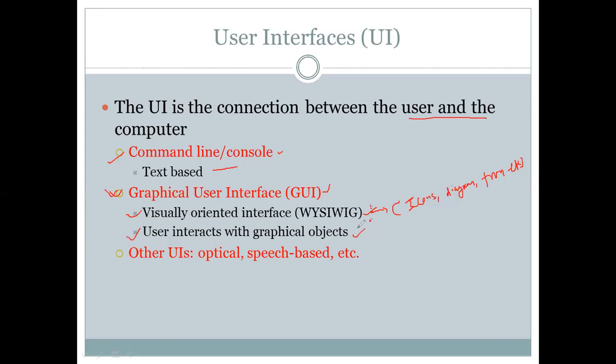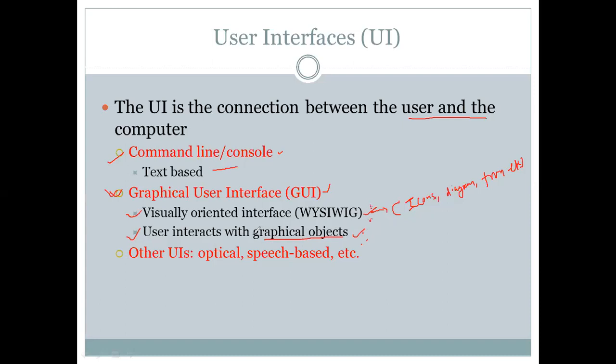Now, let us discuss the second type of GUI method, which is graphical interaction with graphical objects. This is kind of similar to the first one, but here the graphical objects are different. In the previous case, the graphical objects can be diagram, dialog box, forms, or icon.